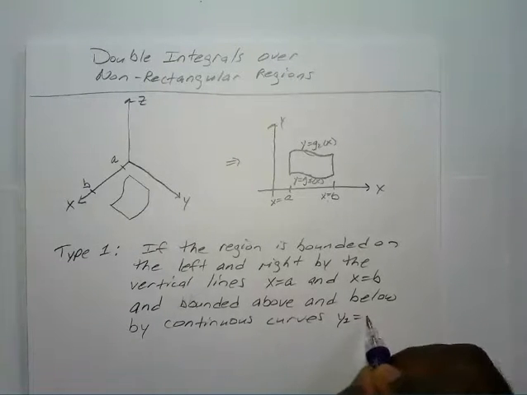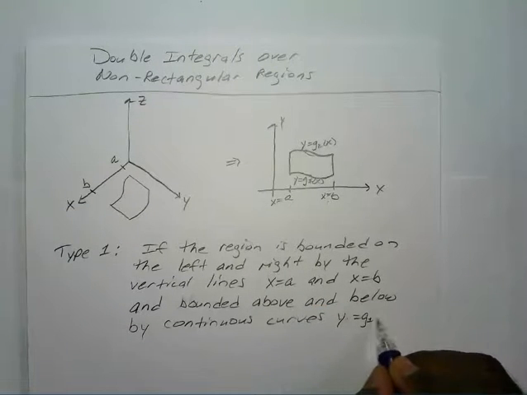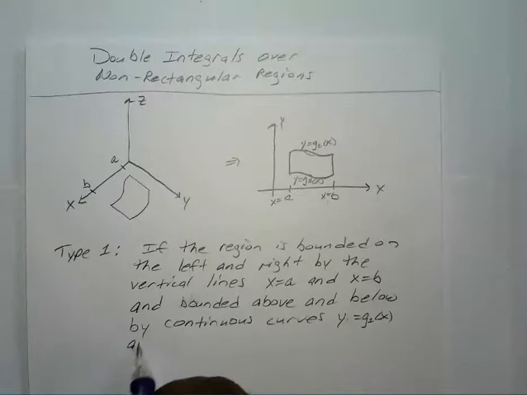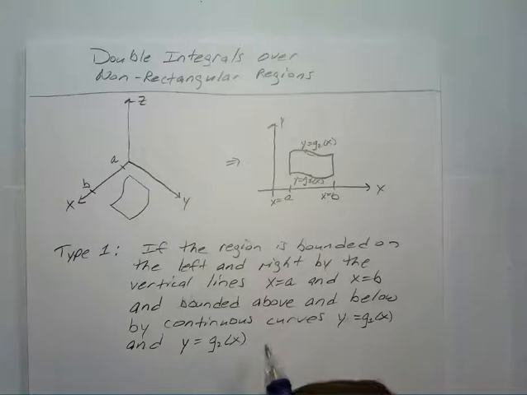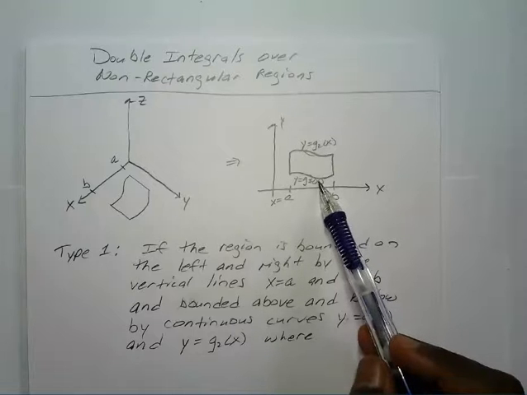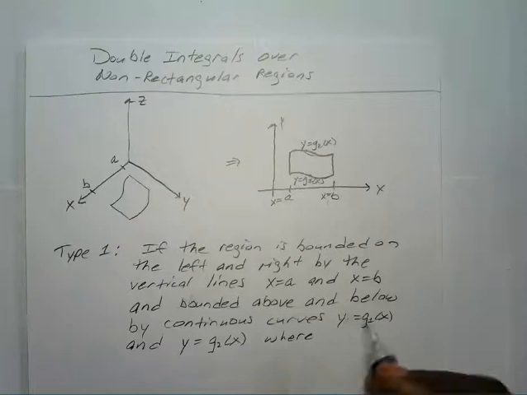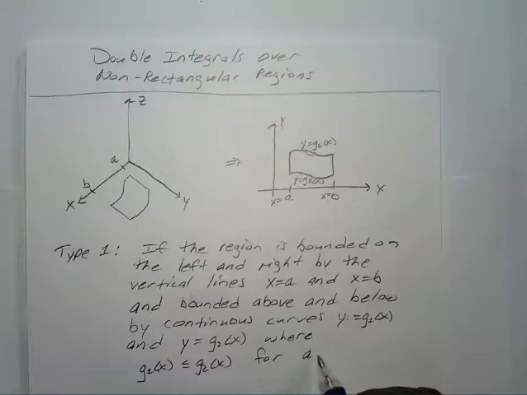Let's say y is equal to g1 of x, our first function of x, and y is equal to our second function of x, where our first function of x is smaller than our second function of x. So g1(x) is less than or equal to g2(x) for the x interval between A and B.